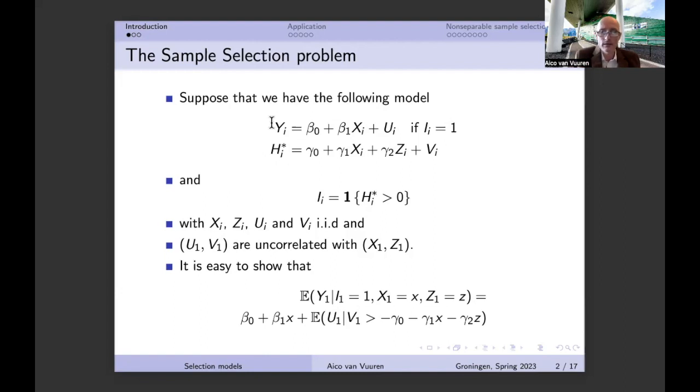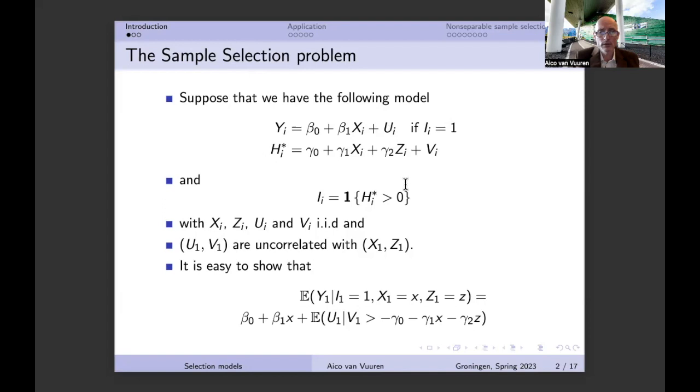They're not representative for the rest of the population, because if there is positive correlation, then they must have a relatively high level of V in order to be working, and if there's positive correlation, then they must also have a very high level of U. In our case, a very high level of wage. So that means that they're not really representative.